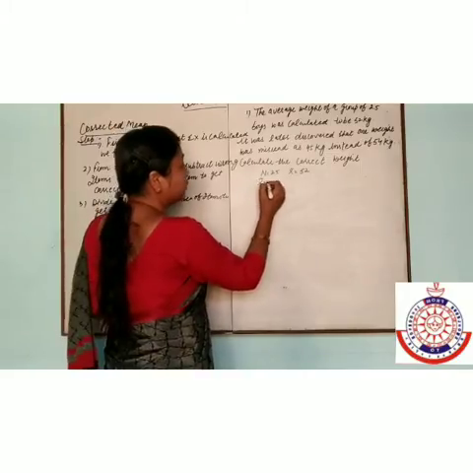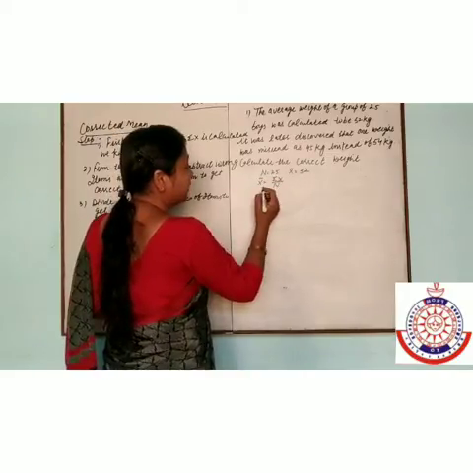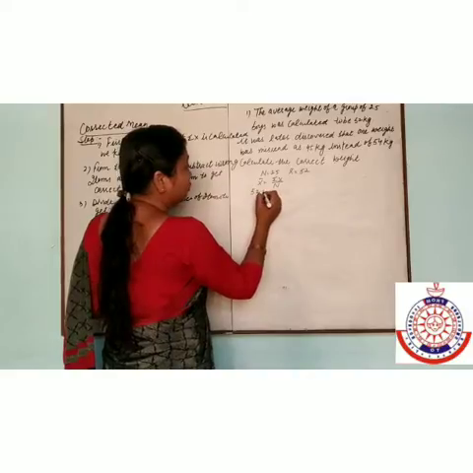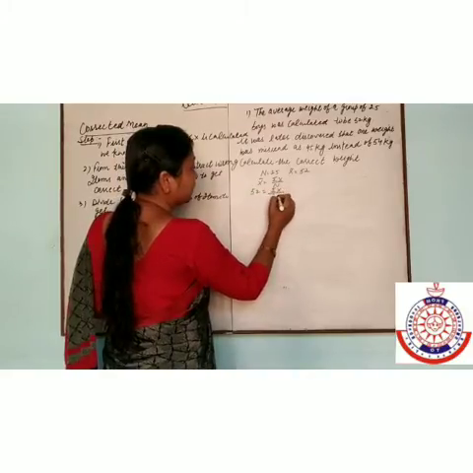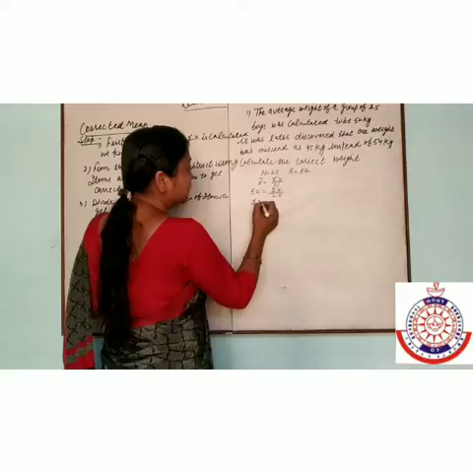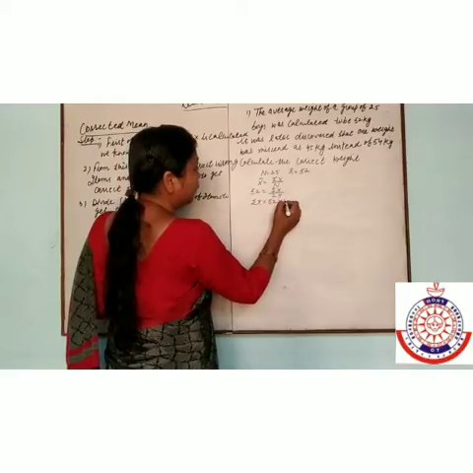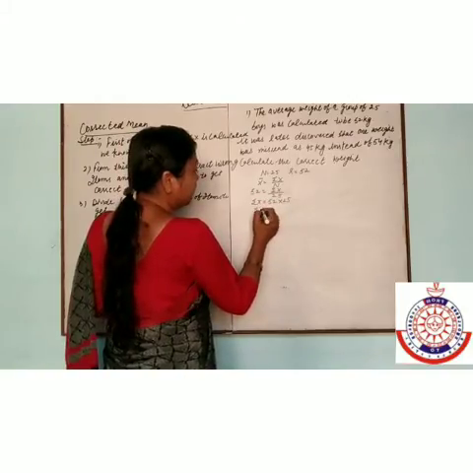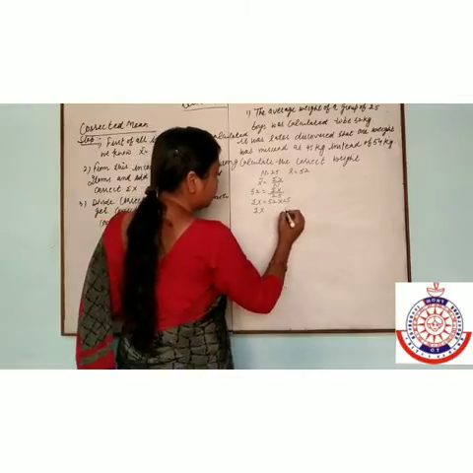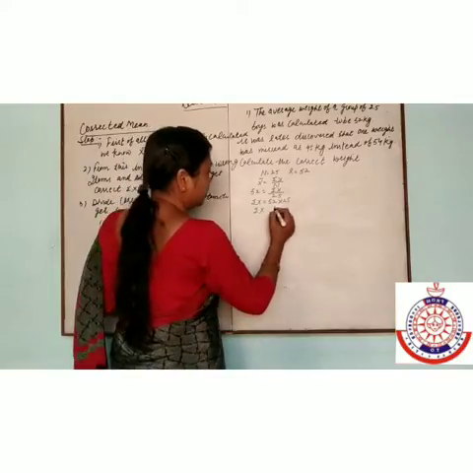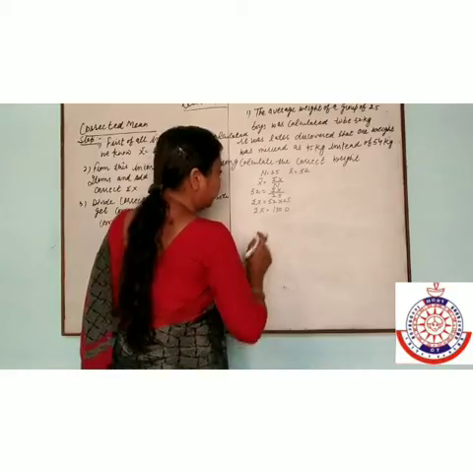X bar is 52, and we need the summation of x. Then summation of x is equal to 52 into 25. This summation x is 1300.